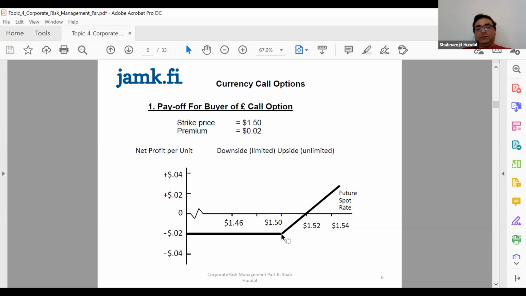When the option is at this angular increasing trajectory of this thick line, we call option ITM, in the money option. In the money option means you must exercise the option, whether it's a loss or a gain.